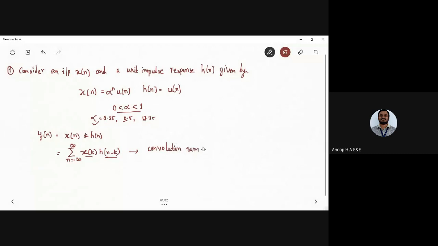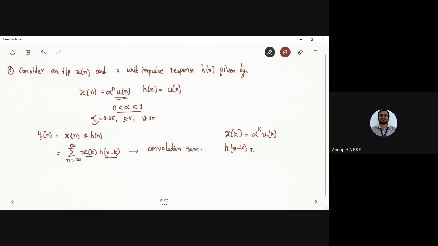Now I want to apply this convolution sum to x of k, which is given by alpha power k u of k. Then I have h of n minus k, which is the time shifting property, hope you are aware of it.